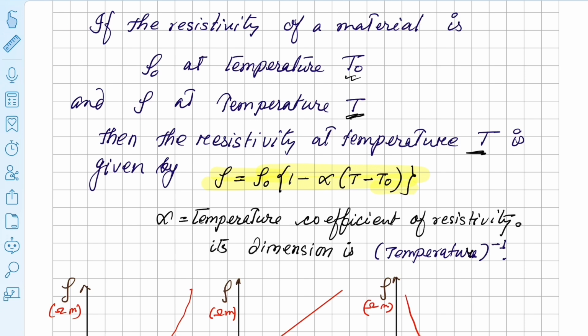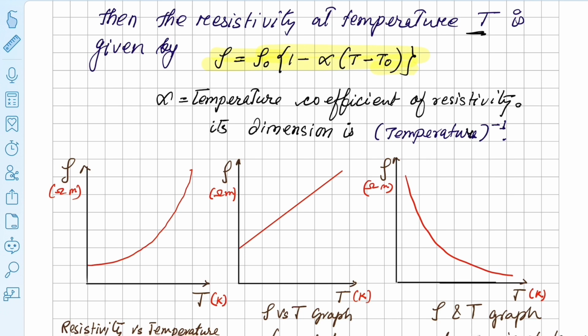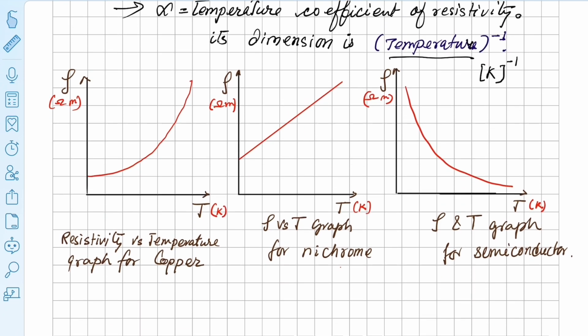Now you see, here this alpha is the temperature coefficient of resistivity, and its dimension is temperature inverse. That means we write the symbol K for the temperature dimensional formula, that is K inverse.